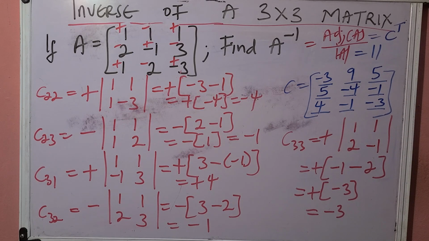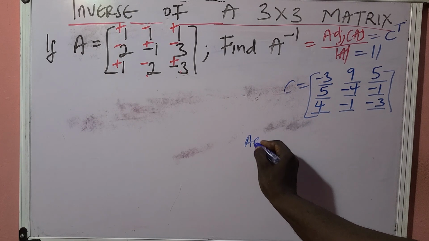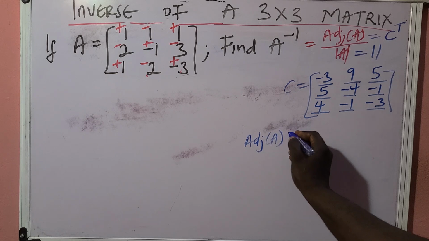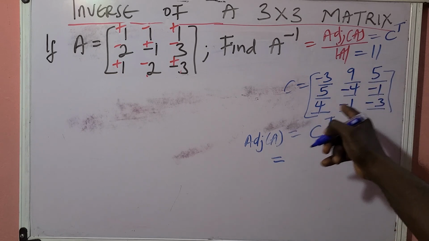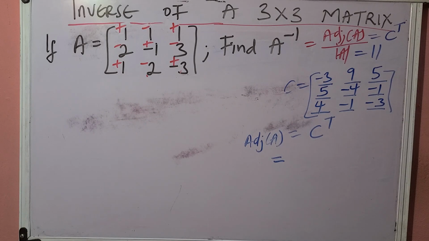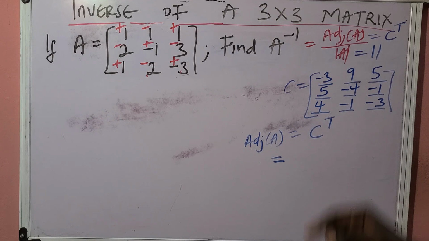So what we have to do next is to find the adjoint, which is the transpose of the cofactor matrix. So the adjoint of matrix A is equal to the cofactor's transpose. So we have to transpose this matrix, which, as I've said earlier in previous videos, all you have to do is change the rows to become columns.